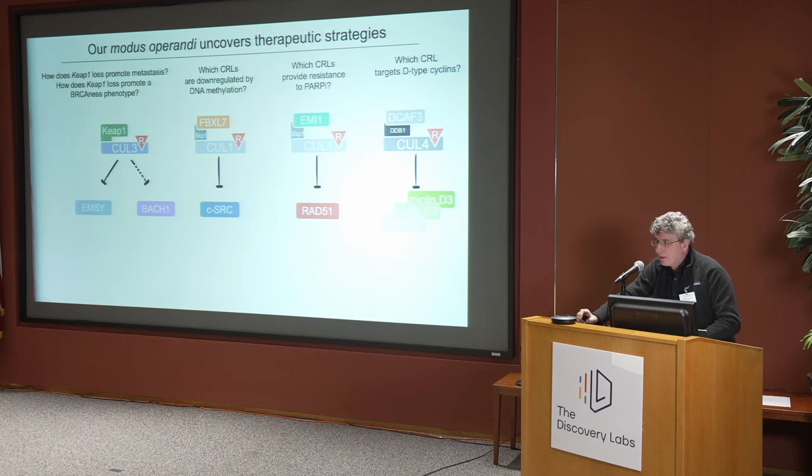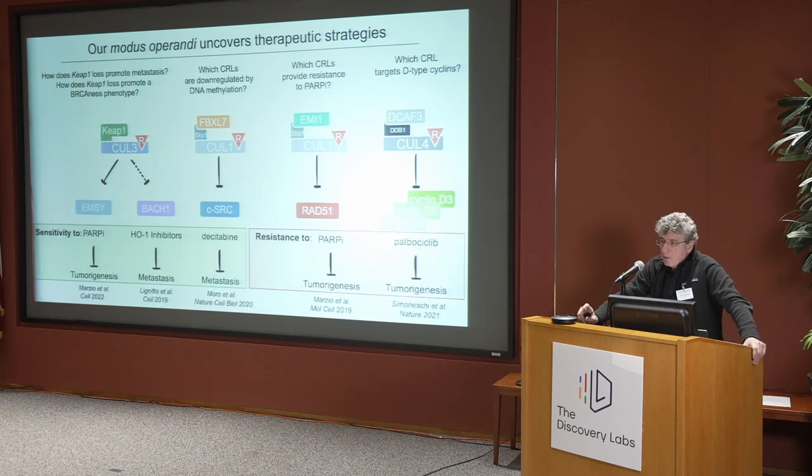After we understand the molecular mechanism by which some proteins are degraded, this will give us insights in terms of therapy. And so we'll offer the possibility to understand whether we can exploit this information in terms of therapy, and particularly in terms of how this mechanism can induce sensitivity or resistance to different therapeutics.